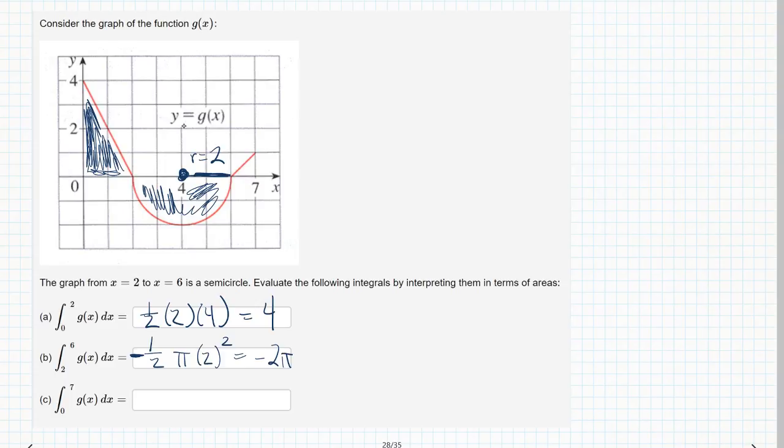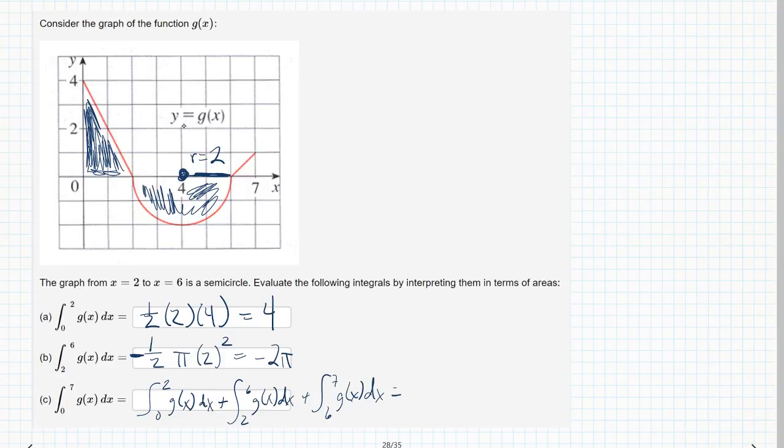Now we're almost there. So in order to do this integral, we can go the integral from 0 to 2 of g of x dx plus the integral from 2 to 6 of g of x dx if we need to. And we already have those two pieces of information. Those are 4 and negative 2 pi. And plus the integral from 6 to 7 of g of x dx.